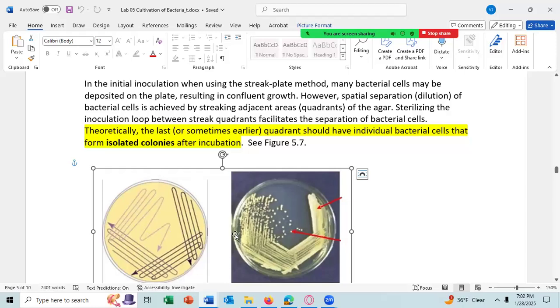And at each time you streak it out, it's possible that you could get a colony formed by two or more cells. I actually have a friend, another instructor who teaches microbiology at Clark, who was working with a species of nitrogen fixing bacteria, and he did not supply nitrogen in the media.